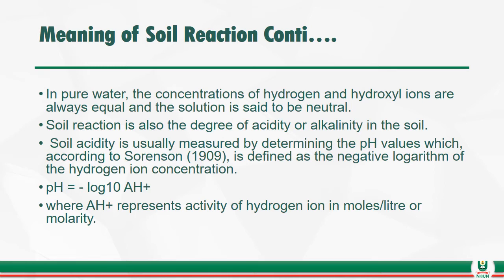So soil reaction is also the degree of acidity or alkalinity in the soil. Soil acidity is usually measured by determining the pH value, which according to Sorensen 1909 is defined as the negative logarithm to base 10 of hydrogen ion concentration in the soil, where aH represents activity of hydrogen ion in mole/liter or molarity.